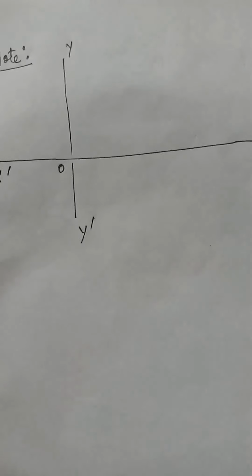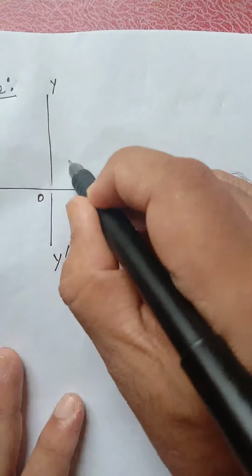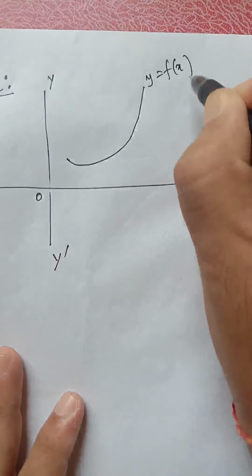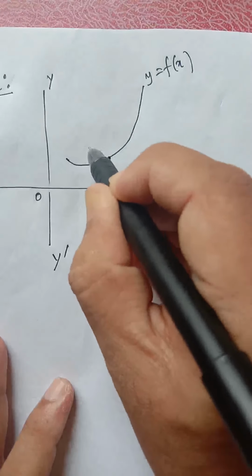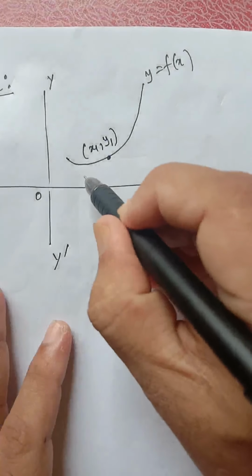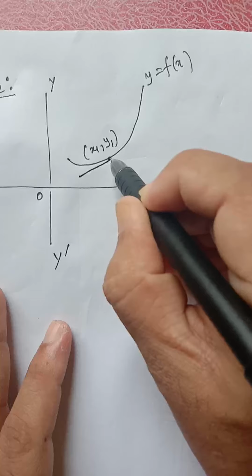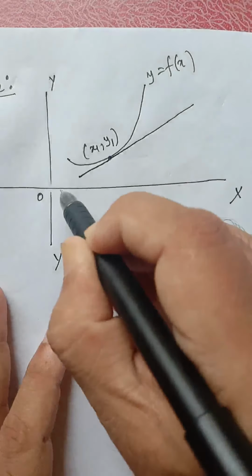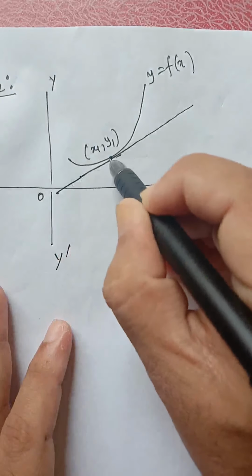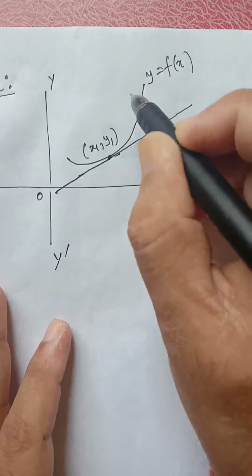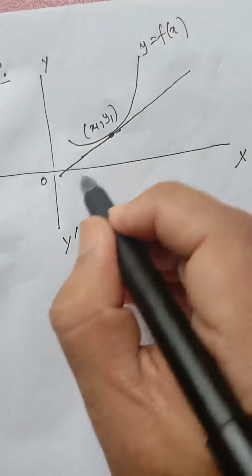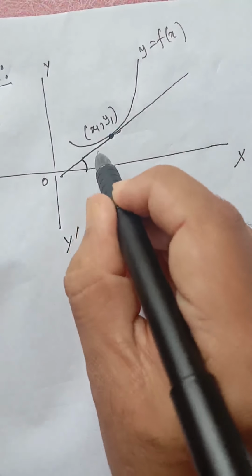Now this is an important note. Suppose this is the given curve y = f(x). (x1, y1) is any point on the curve. At the point (x1, y1) a tangent is drawn to the curve, that is, this line meets the curve at the point (x1, y1), and suppose this tangent makes an angle theta with the x-axis.